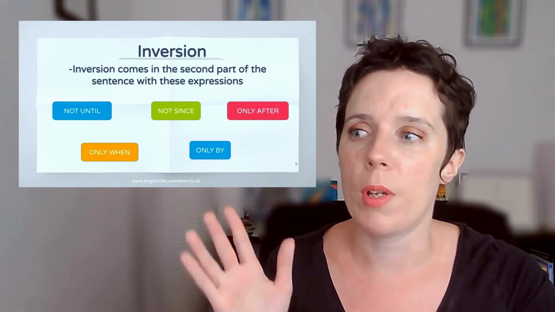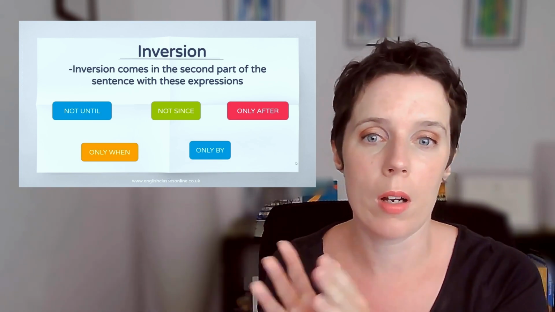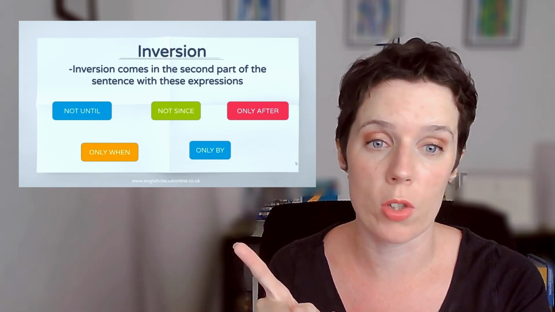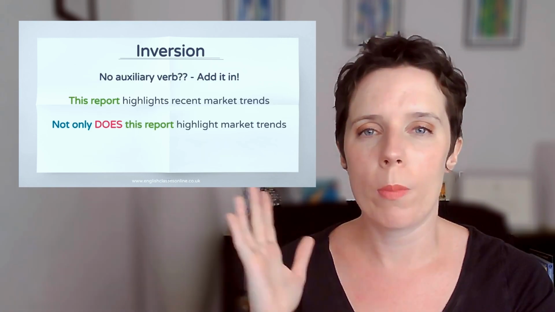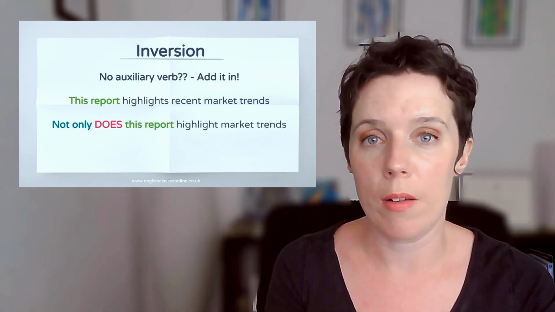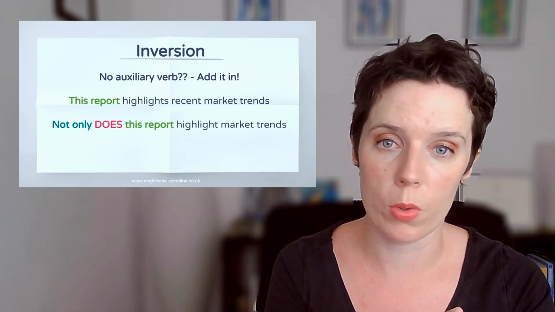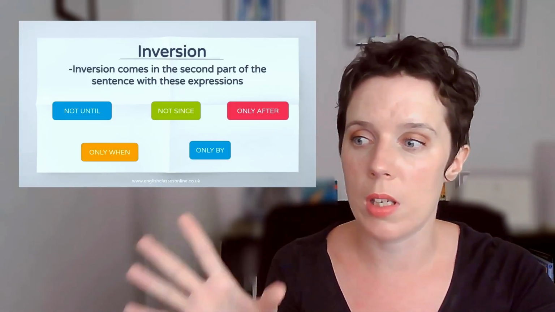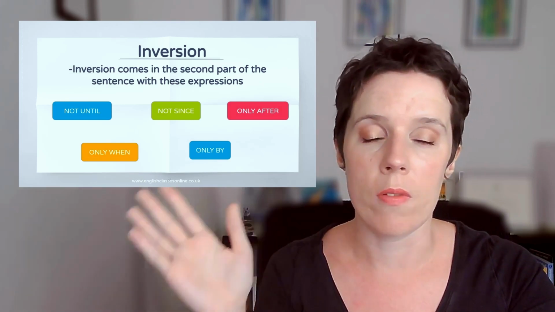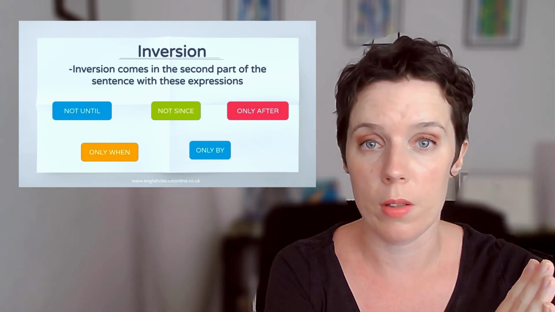An extra point I need to make to you as well. The inversion comes in the second part of the sentence with these expressions here. Normally the inversion will come directly after the negative adverbial phrase, so not only does this report, but if you have any of these negative phrases, the inversion is going to come in the second part of your sentence.